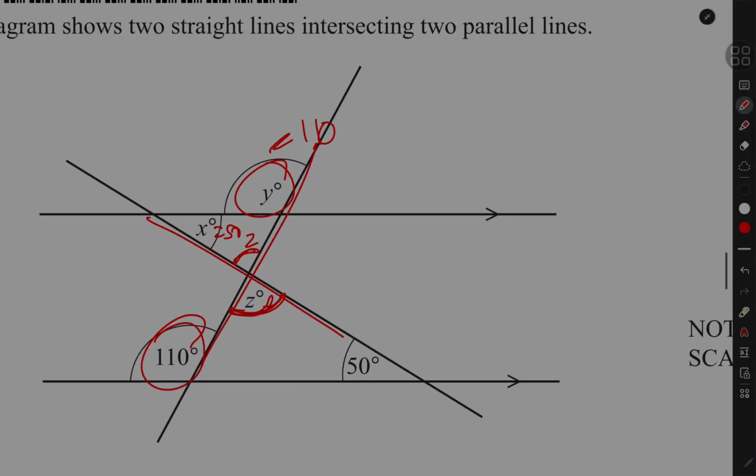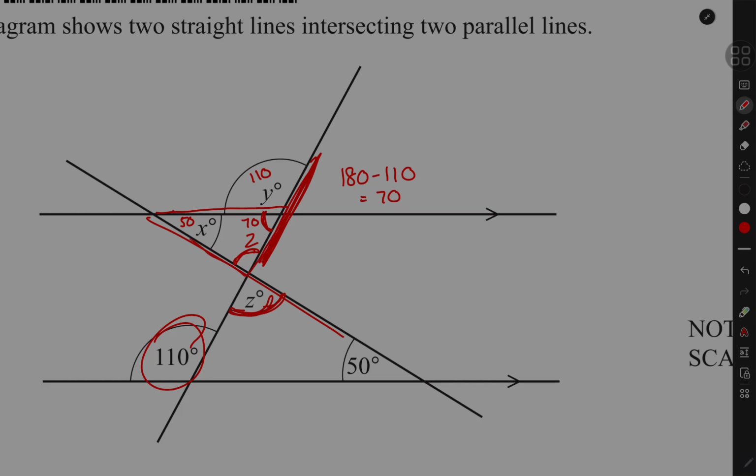I know x is 50, and y is 110. This value I don't know. This is a straight line, 180 minus 110, that would give me 70 degrees. So this is 70.